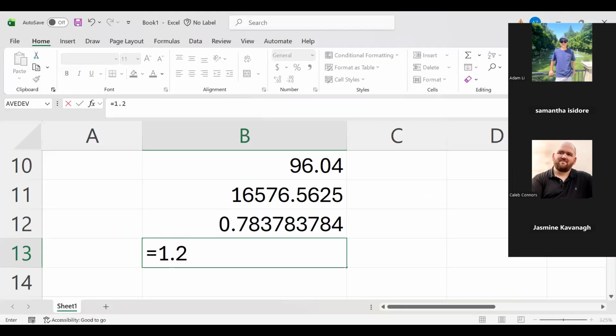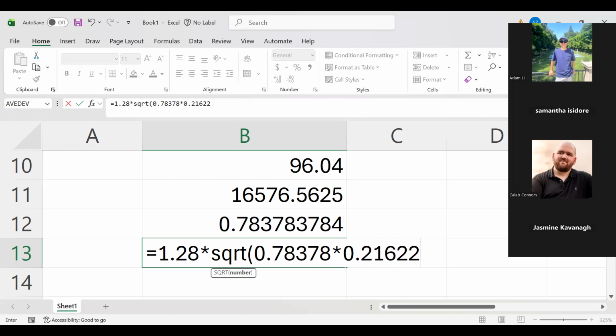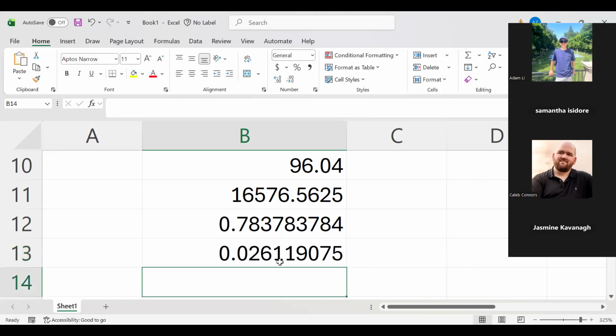So 1.28 times the square root of 0.78378 times 0.21623 over the sample size 407. And then we get this, right? So it's 0.026.